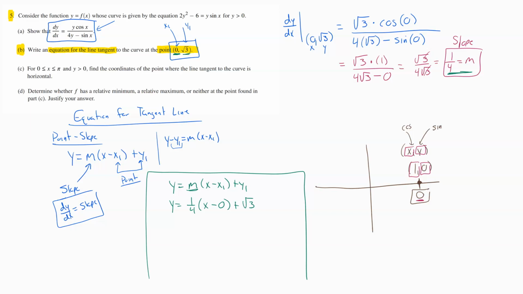That's our square root of 3. Technically, if you wanted to, you could leave it like that. That's the equation of a line. They're not specific about the form, but most people feel comfortable finishing this out, putting it into y equals mx plus b. x minus 0, that's easy math, and x minus 0 is just going to give us x, plus the square root of 3. And there is our equation for the tangent line.